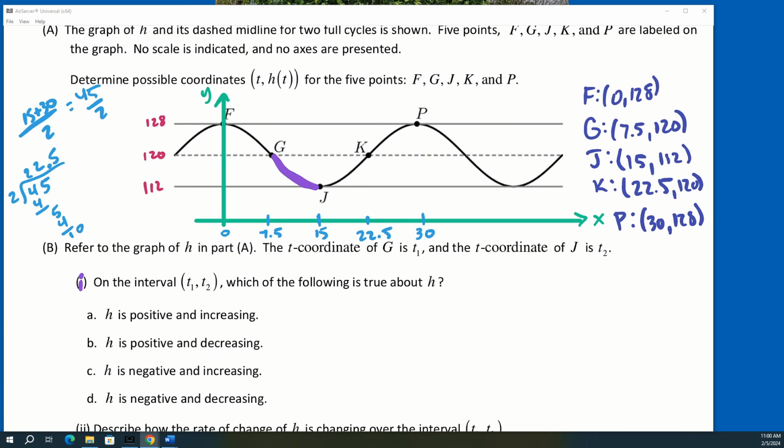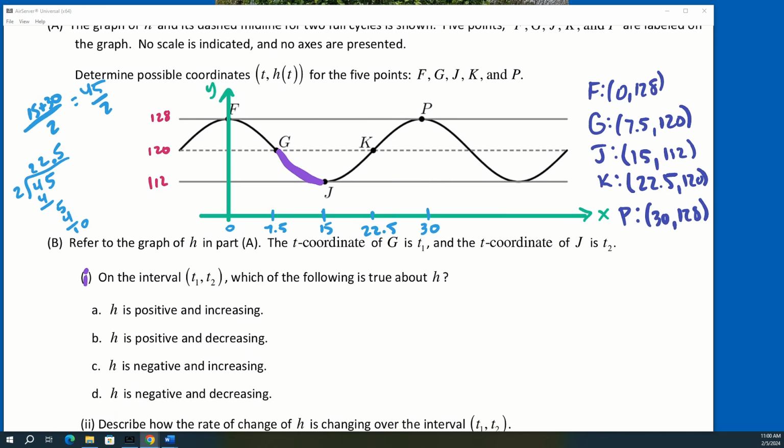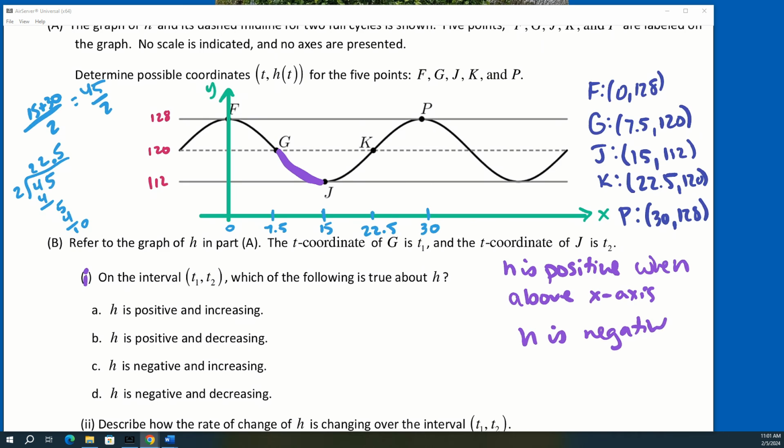What do you guys think? Would you say it's positive or negative, the graph at that point? When we're talking about positive and negative, H is positive when it's above the x-axis, and H is negative when below.